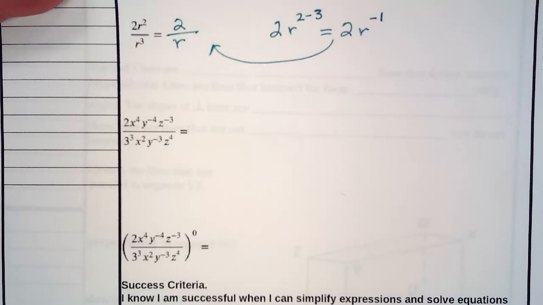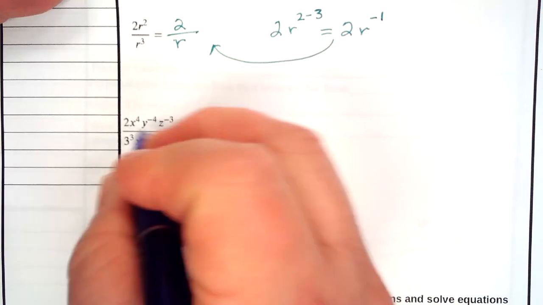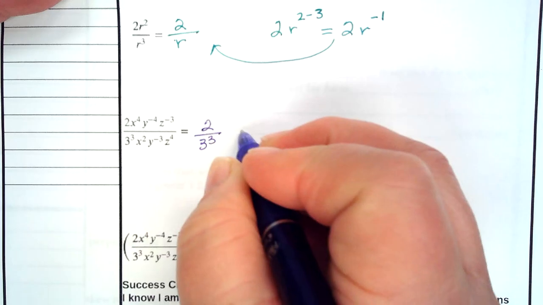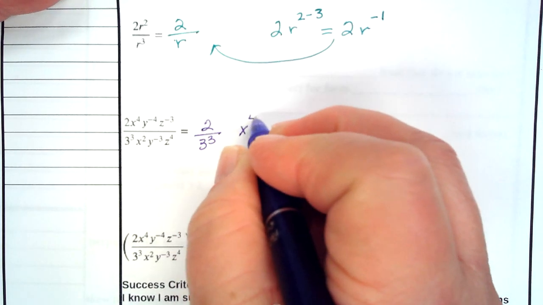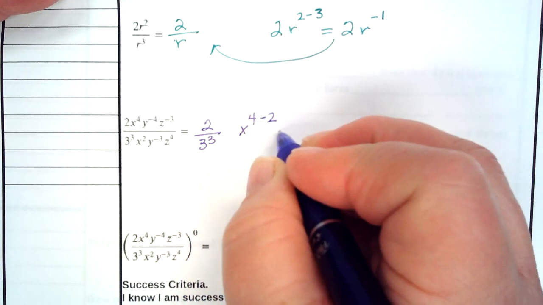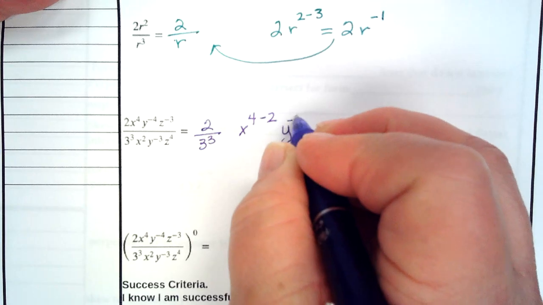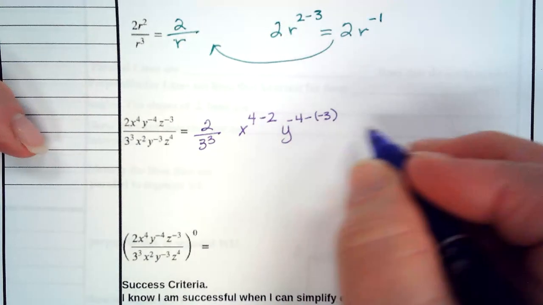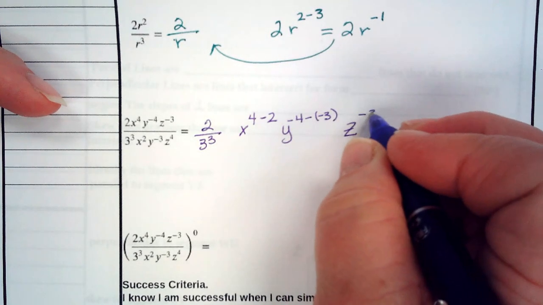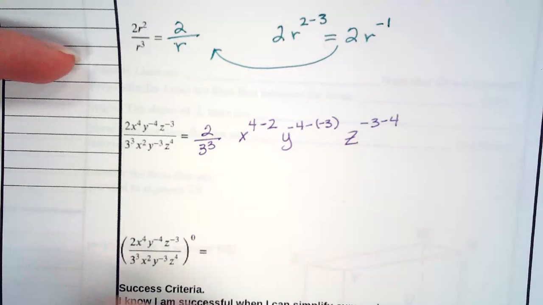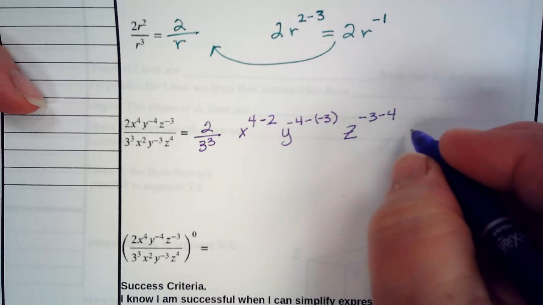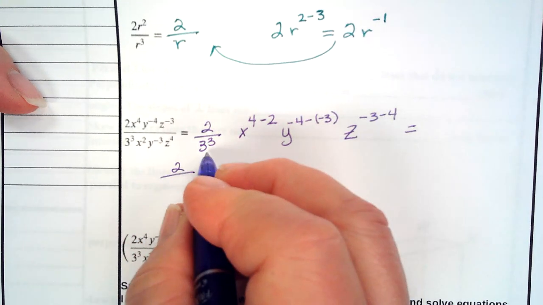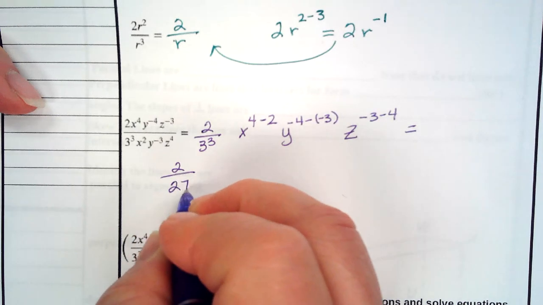Okay, the next one is pretty involved. You're still going to start off with 2 over 3 to the third. You've got x to the 4 minus 2, y to the negative 4 minus negative 3, z to the negative 3 minus 4. Okay, 2 over 3 times 3 times 3 is 27.